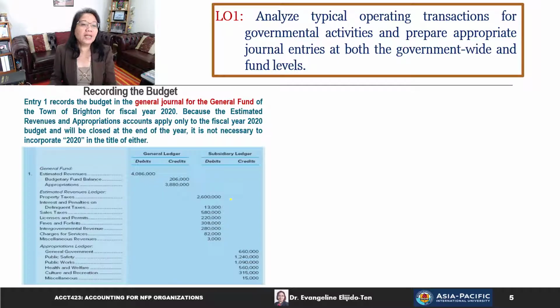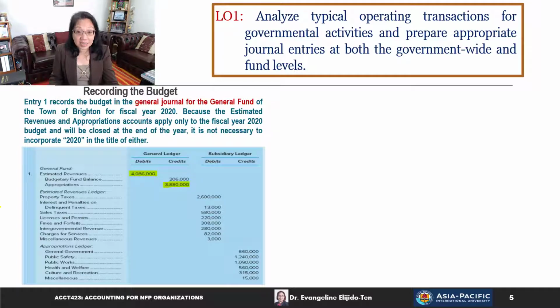Journal entry 1 will debit estimated revenues of 4,086,000, and we are going to credit the total appropriations of 3,880,000. These are the two main figures that are provided.